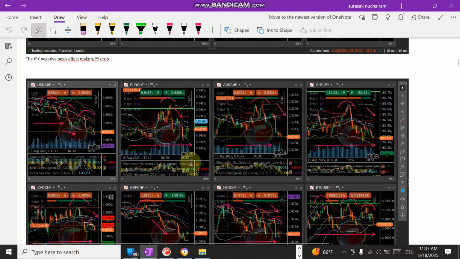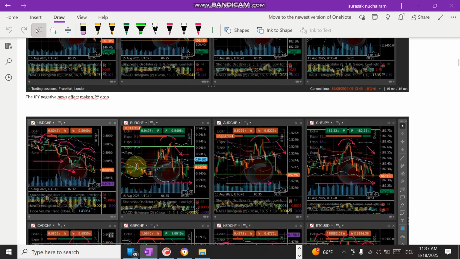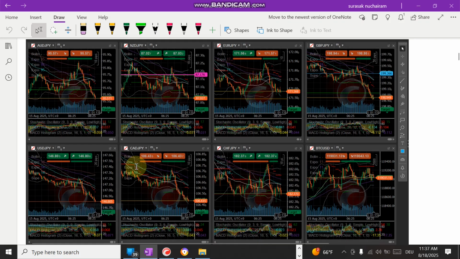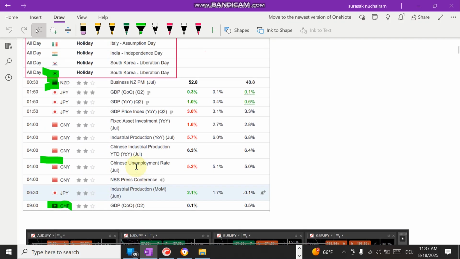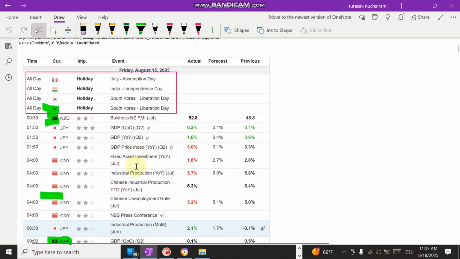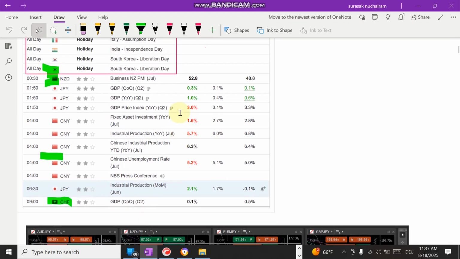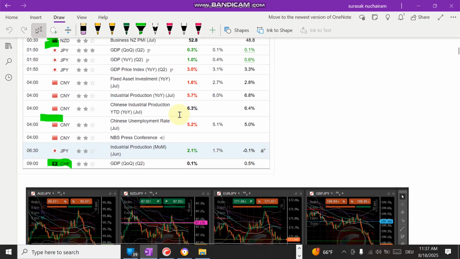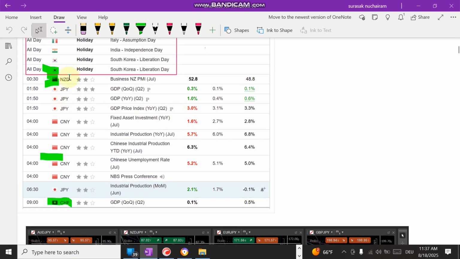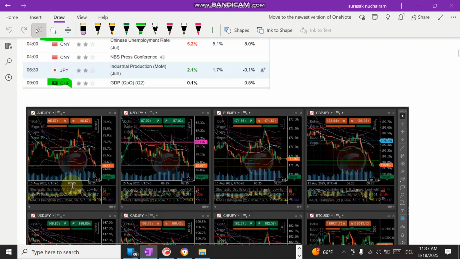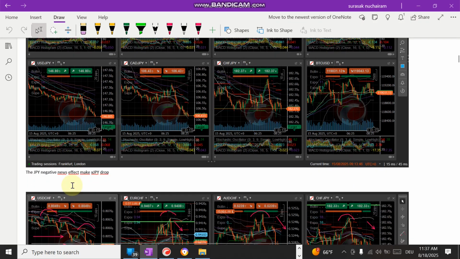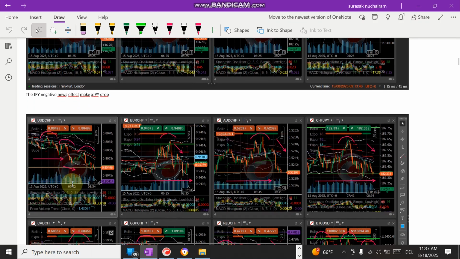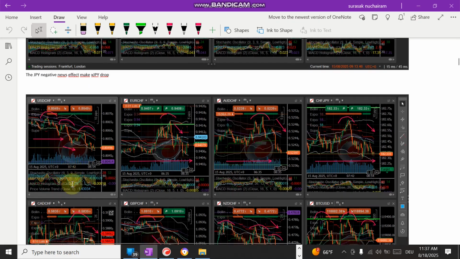And this, trying to catch up, trying to understand the market. Holiday, last Friday, holiday. Many things happen. New Zealand is good. Swiss franc is good. But why my US Swiss franc did not work?